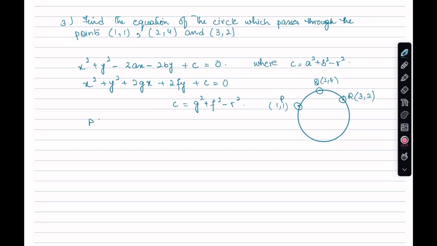If the given point is 1 and 1, I can substitute 1 in the equation and say it's 1 plus 1 plus 2g plus 2f plus c, which is equal to 0. Or I can say it's 2 plus 2g plus 2f plus c, which is equal to 0. Sorry, it should have been 2g here.